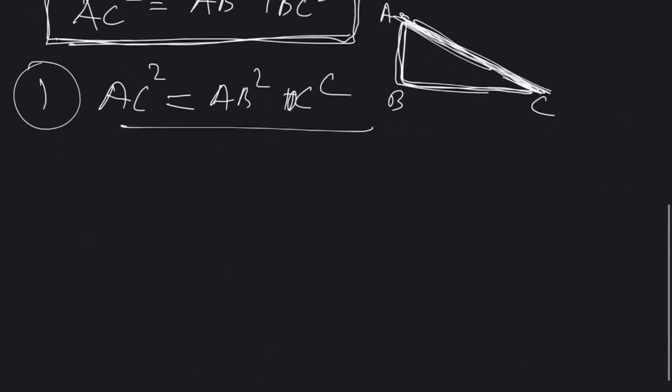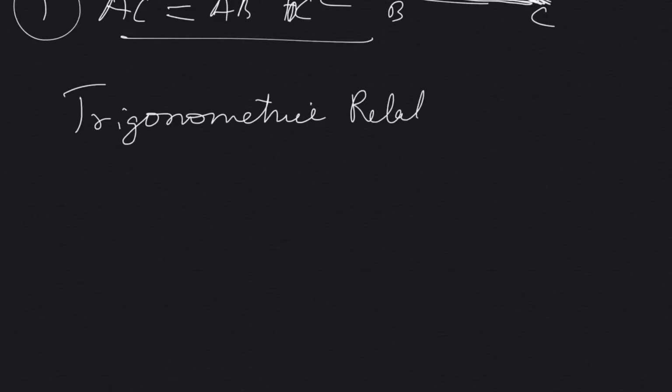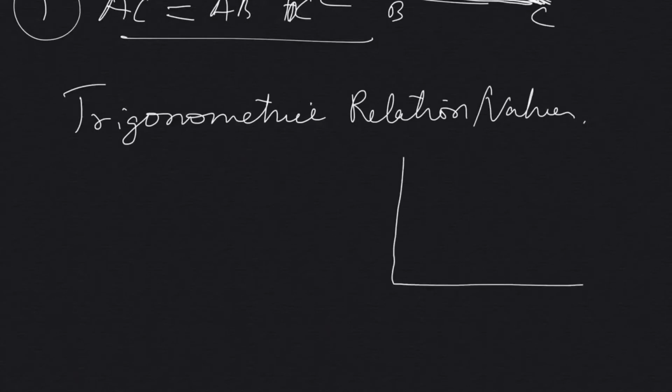The second thing is trigonometric values, trigonometric relations. For a triangle ABC, this is 90 degrees, and if the angle is here, suppose let's call it theta for now.